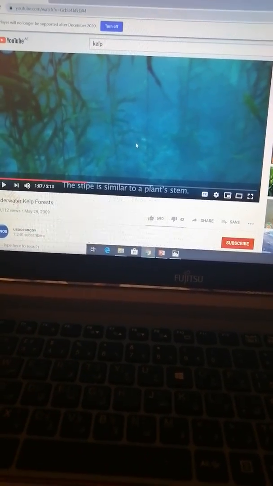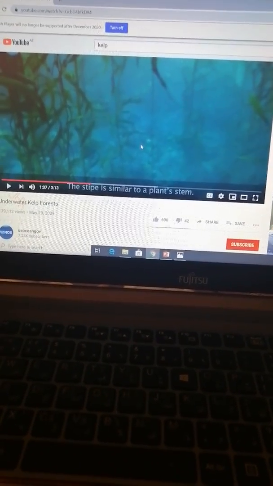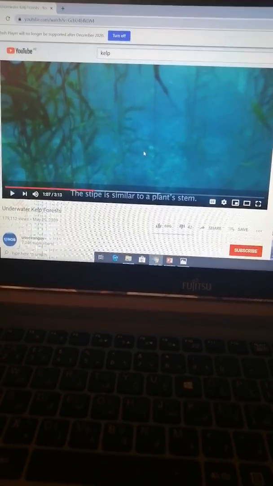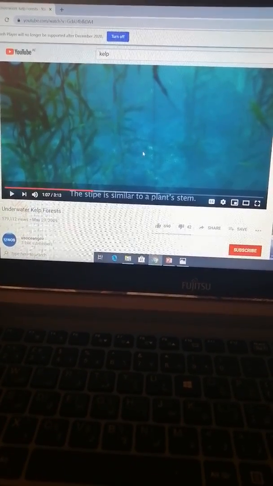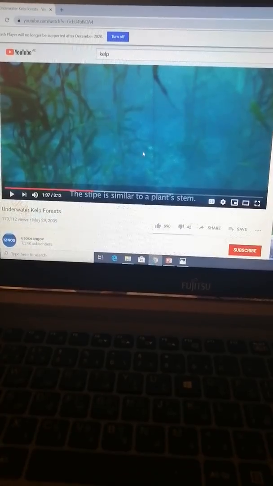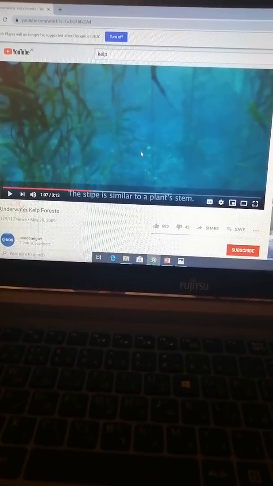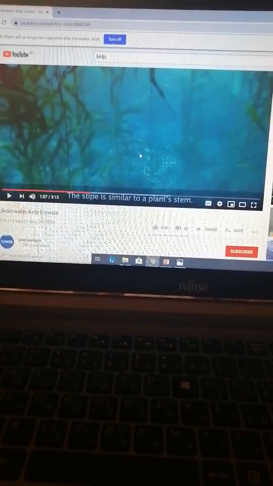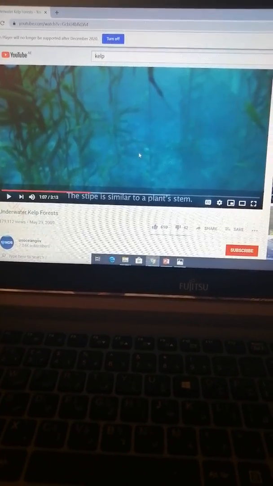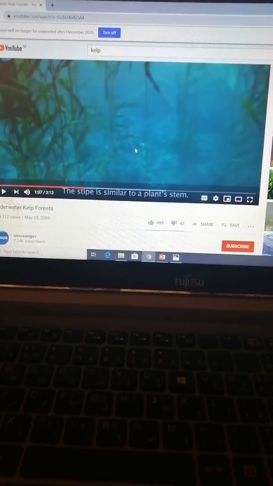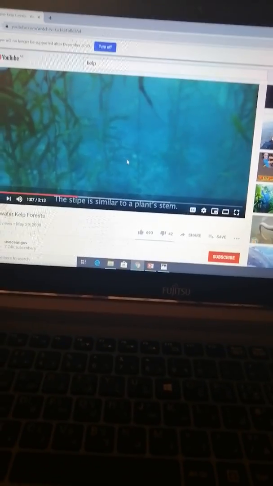So that's why this plant is the biggest plant in the ocean. What's the name? Kelp. So kelp is the biggest plant in the ocean. That's why kelp needs a big space to grow and live. And the kelp finds the ocean a good home to grow and live in.